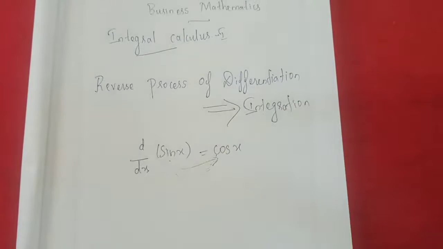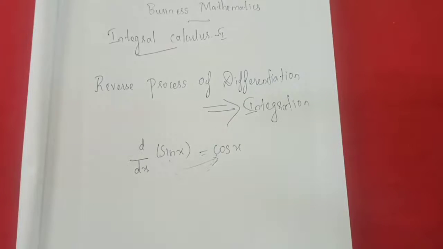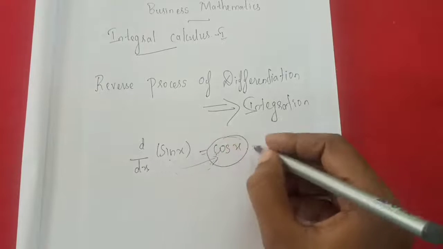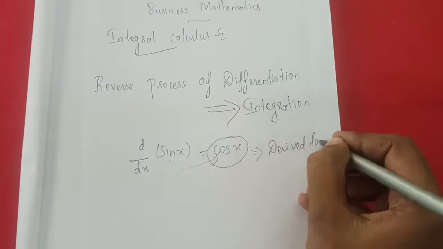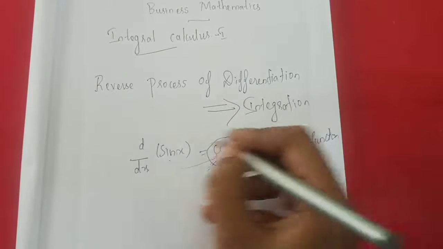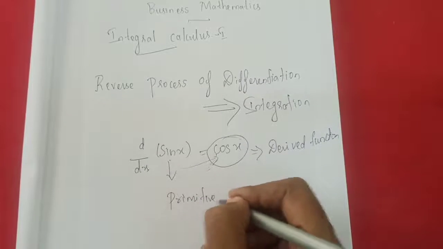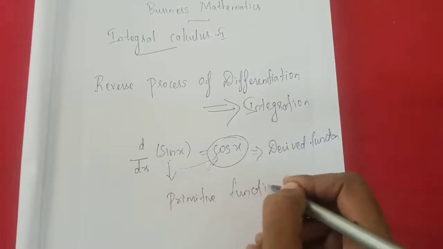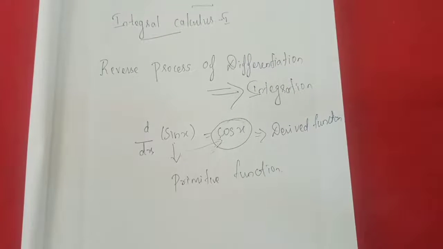Understand? Now some basic concepts are there. In this example, this cos x is known as the derived function. Then the sin x is called the primitive function. Keep it in mind. I have given an example to explain this concept. d by dx of sin x, that is, the differentiation of sin x is cos x.